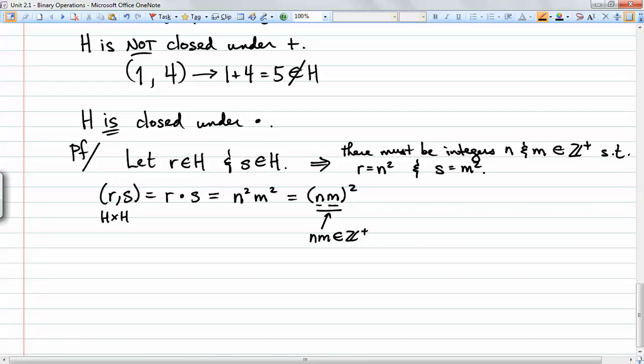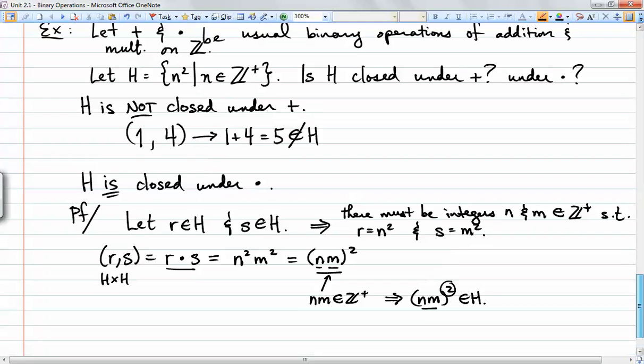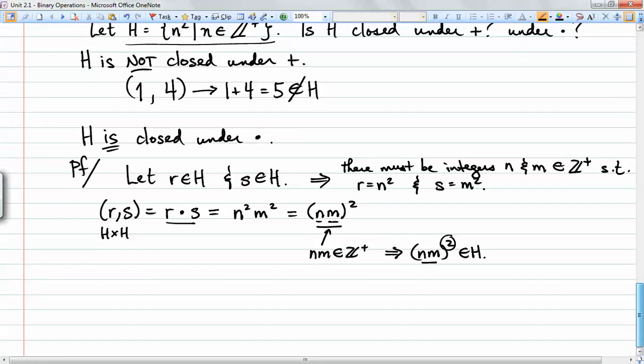That means that nm squared is going to be in H. And so we basically just showed that R times S is some integer squared. Since H is all the squares, that's going to be closed.